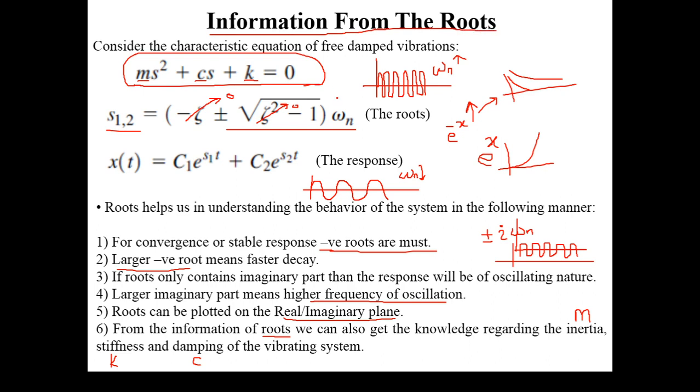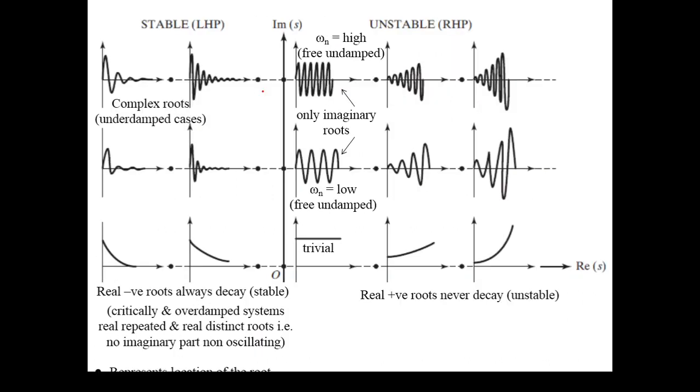Now we're going to see how we can plot these roots on the imaginary and real axis. So we have a real axis as the x-axis, and we have an imaginary axis as the y-axis, and we can see all the roots. If you look at this point, this black dot represents the location of a root.